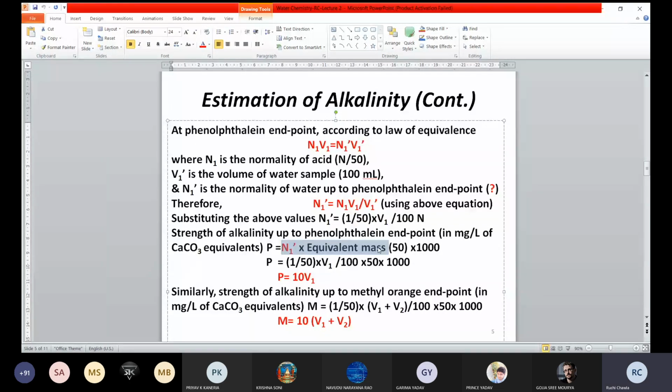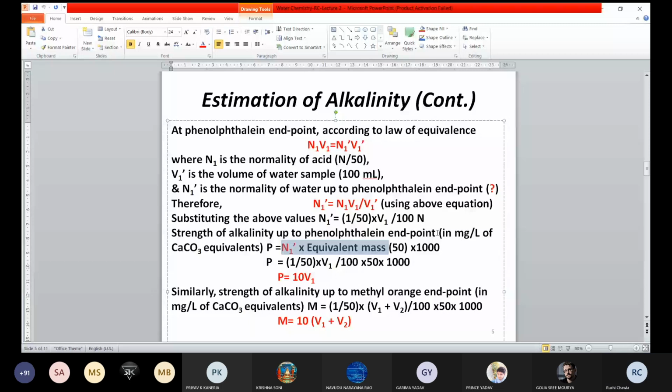Numerically, these two units are the same. So if you are expressing the strength in milligram per liter of calcium carbonate equivalents, expressing it in calcium carbonate equivalents is a convention.